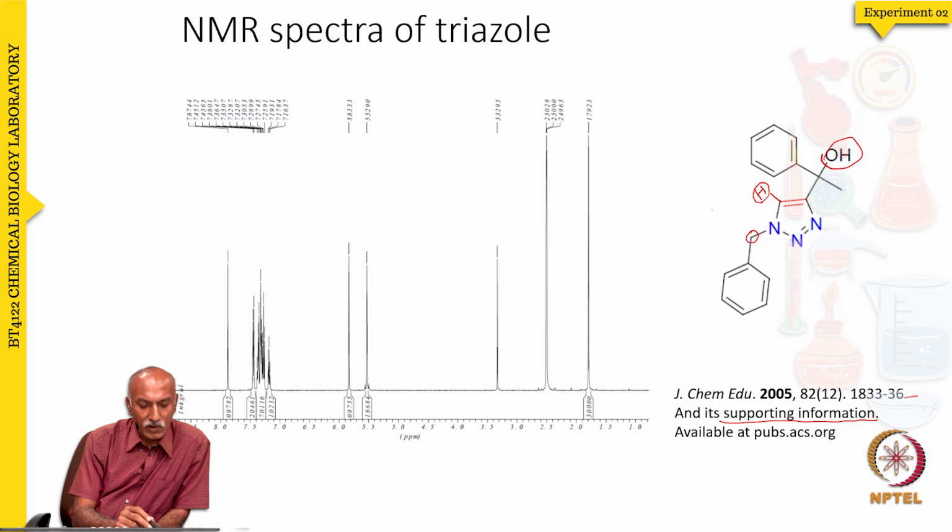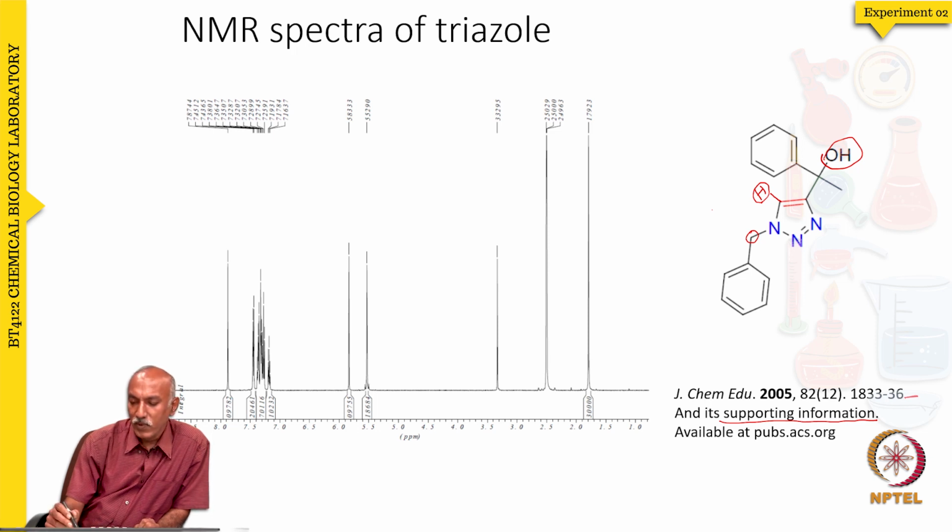If you calculate all of them, it is about 70,000, 10,000, about 20,000. This accounts for basically the 10 hydrogens.